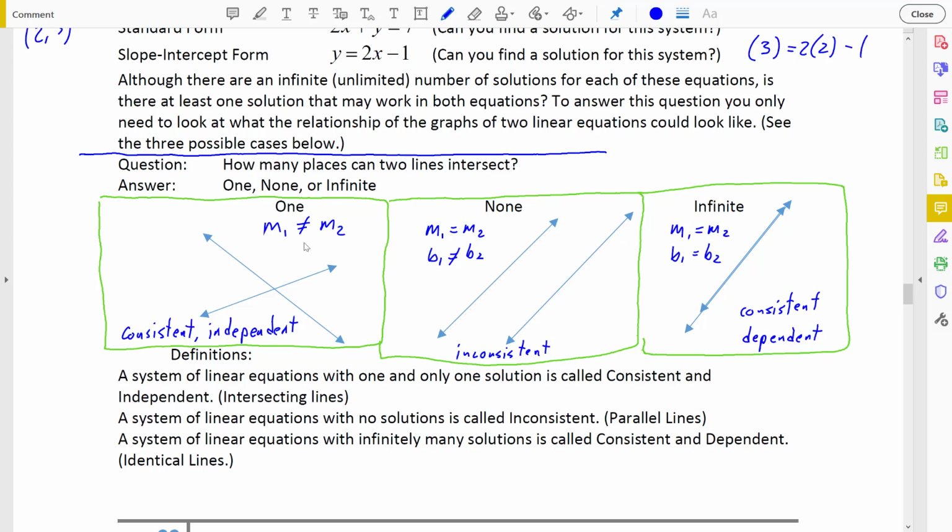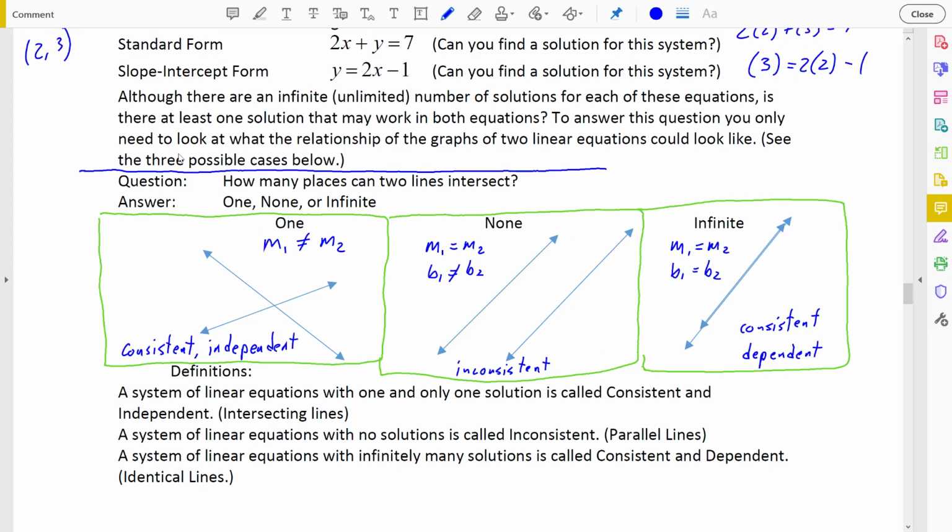When we write our answer to a system with a single answer, we write it as an ordered pair. For example, the 2, 3 you see in the upper left here. When we have a system that has no solution, we say that it has no solution. When we have a system that has infinitely many solutions, we can't just say infinitely many because we only want to talk about the infinitely many that show up on the line, not the even larger infinitely many that aren't on the line.